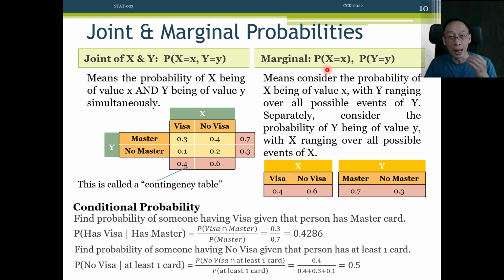But if you say it as the marginal probability of x equals Visa, then not only am I understanding that you are doing a study of people having Visa or not, I'm also getting the additional information that you are doing this as part of a grander study of the joint probability of x, having Visa or no Visa, versus something else. And of course, you then tell me, what is it? Is it American Express? Is it MasterCard? Is it Diners Club? And all that. So, joint probability of X and Y.